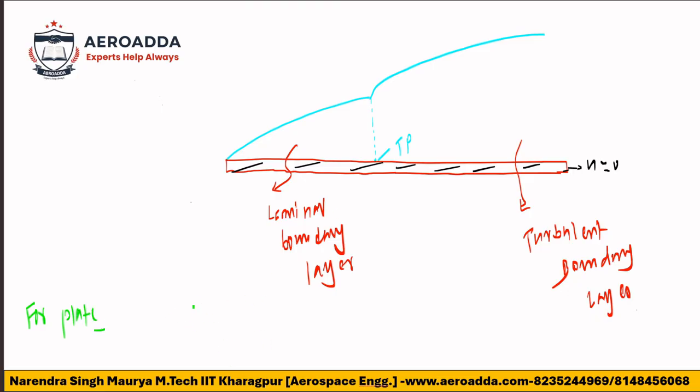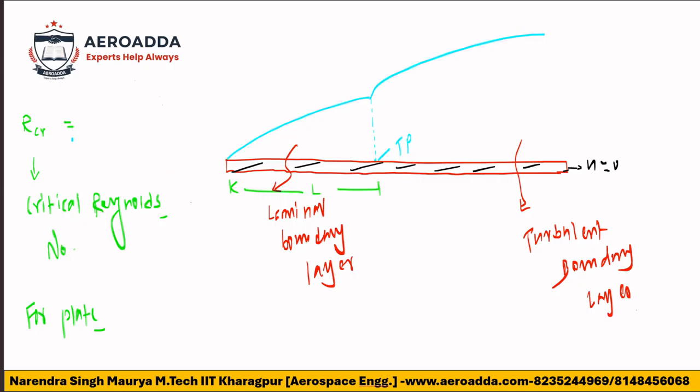that transition point, if you want to calculate the transition point, how will you calculate? This length is nothing but L. So you know the formula Re. That Re is now the critical Reynolds number. What is the meaning of critical Reynolds number? It is a Reynolds number. Please remember this. It's very special.